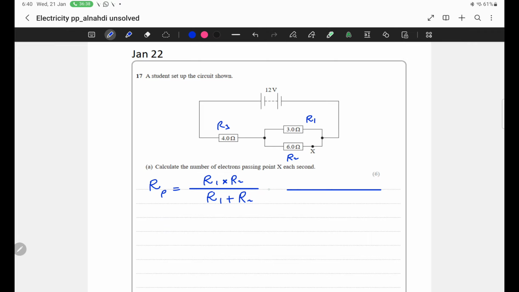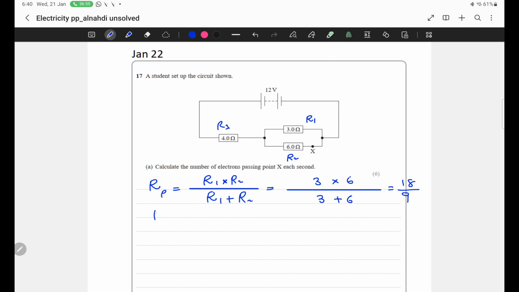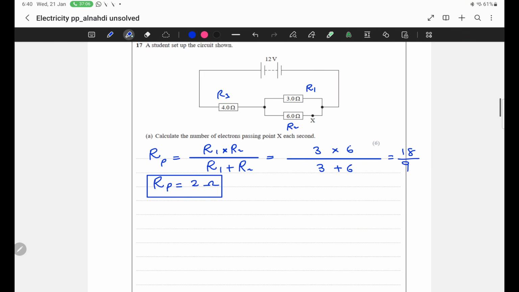So the product of 3 and 6 and the sum of 3 and 6. 3 times 6 is 18, 3 plus 6 is 9, and 18 upon 9 is equal to 2. It means you have calculated the total resistance of the parallel section.